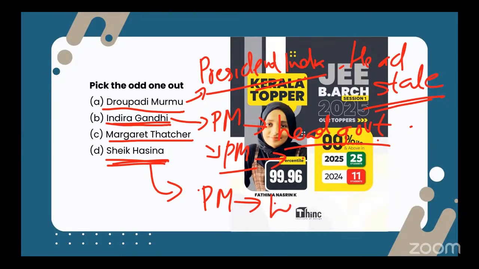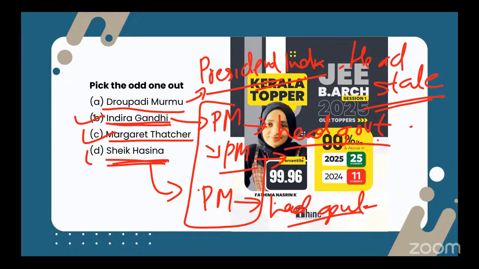So you might have got the answer. You can post your answers in the chat box also. Here you can see that these three, B, C, and D, are the heads of the government, the prime ministers, or former prime ministers. Draupadi Murmu is the president of India, the head of the state and not the head of the government.